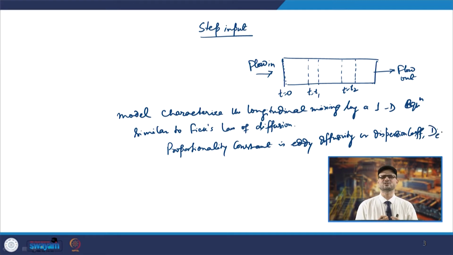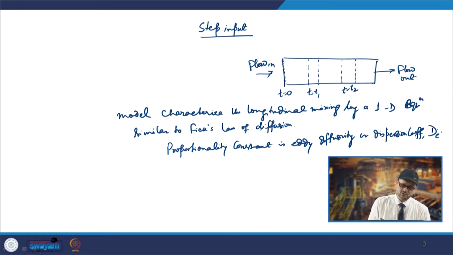Whatever constant of proportionality we use is known as the dispersion coefficient, and the dispersion of this tracer in the continuous flow system results from this eddy diffusion as well as the bulk flow.